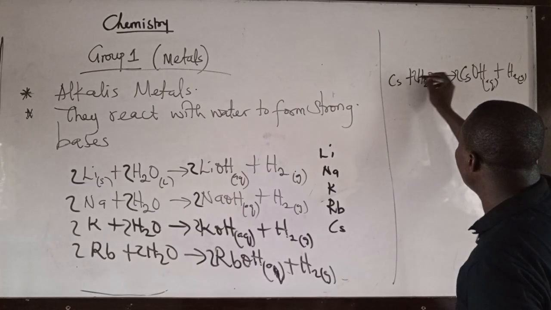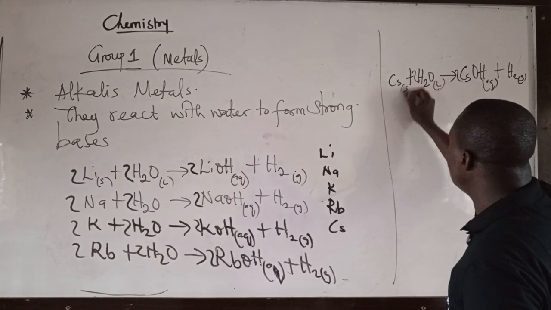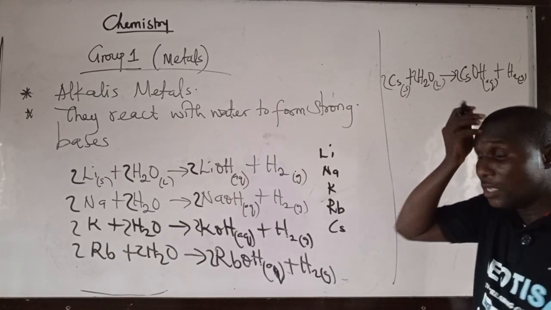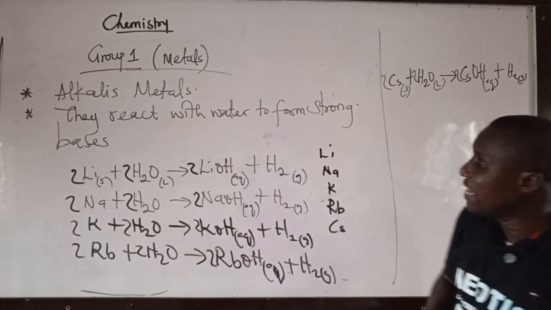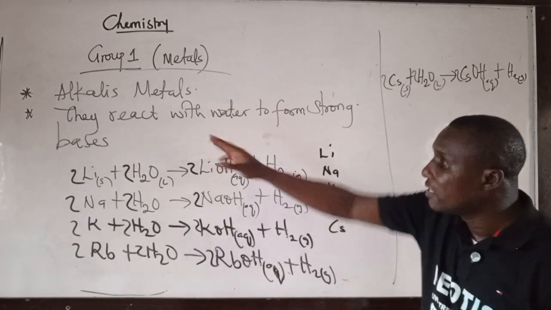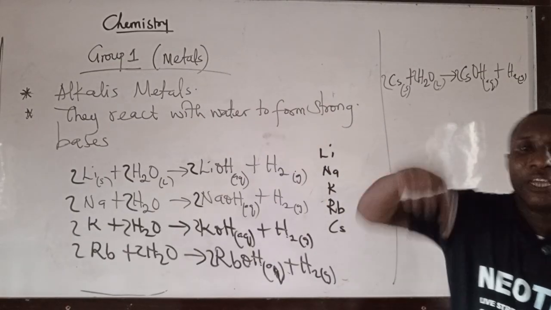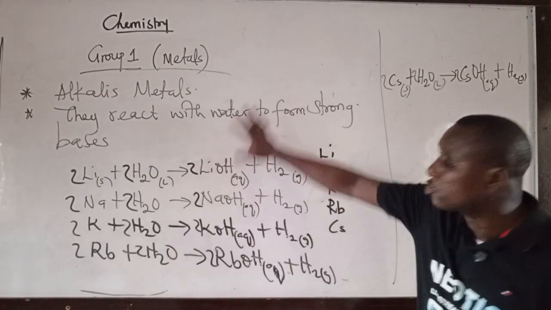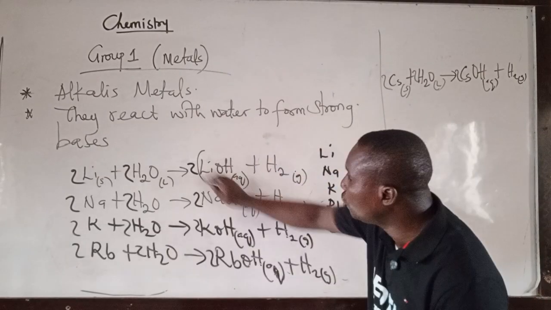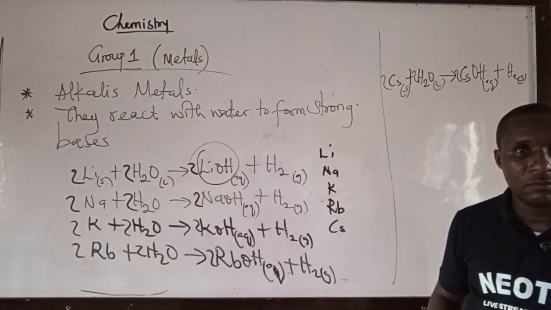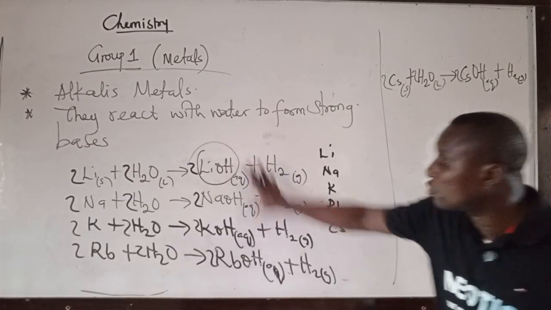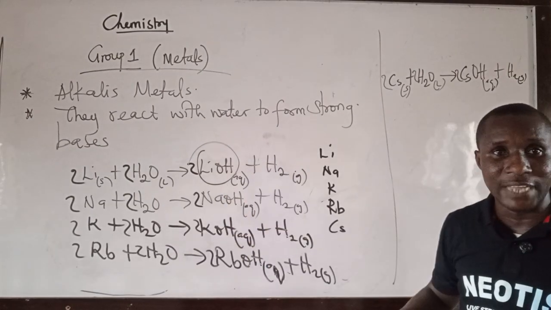Aqueous, liquid, solid, put 2 in the equation. Then look at this. I told you when they react with water, they form strong bases. The weakest base out of them is lithium hydroxide.